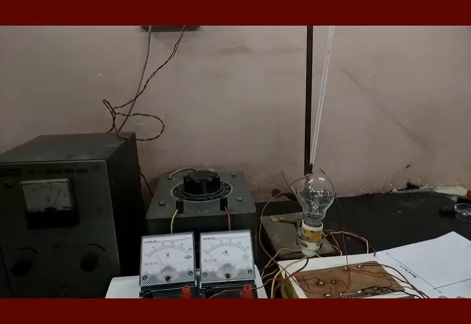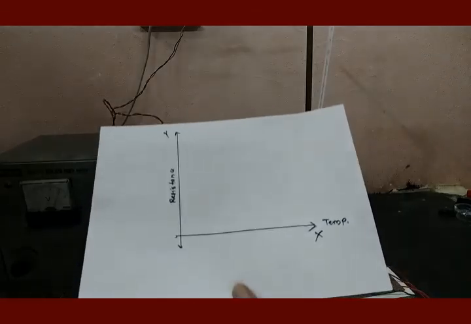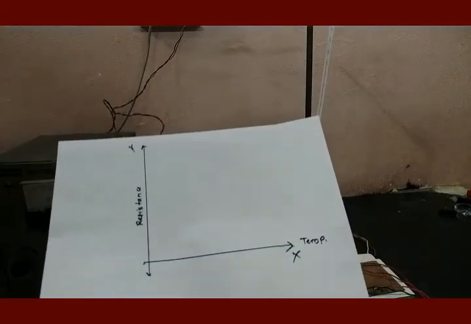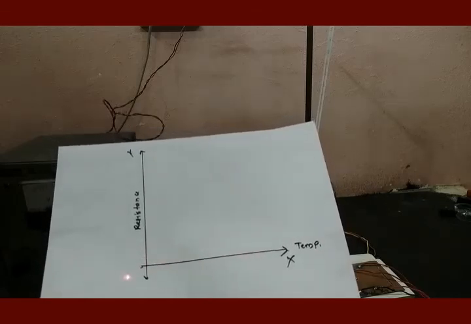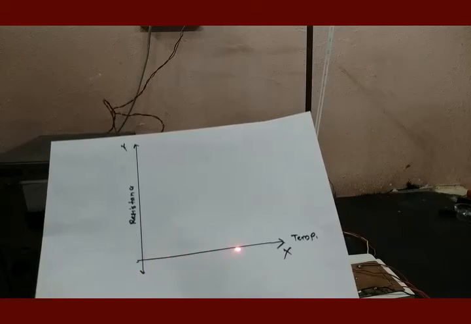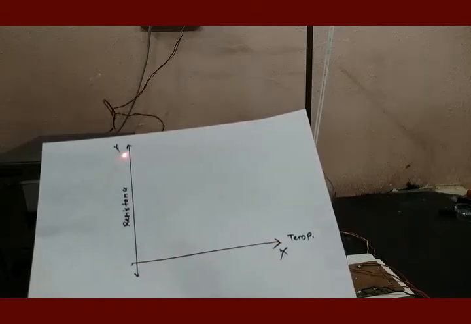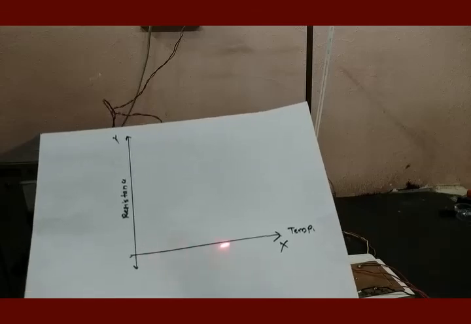After that, you have to plot two graphs. You have to plot the first graph for rising of temperature. Take temperature on x-axis, resistance on y-axis, because the independent variable is temperature.